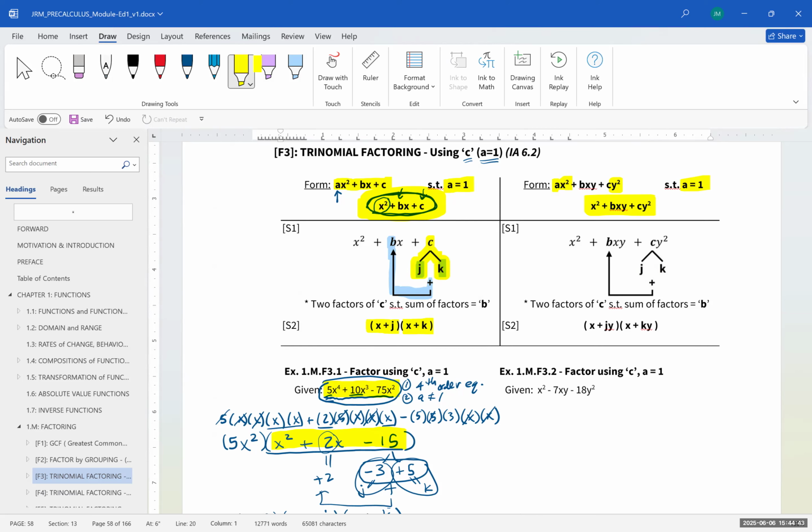But just like before, we look at the coefficient in front of this y squared term, and whatever product we get for that coefficient, we want to make sure that those two factors can add up to give us the coefficient in front of the xy term. And if that's true, then this trinomial can be written as a product of these two expressions.